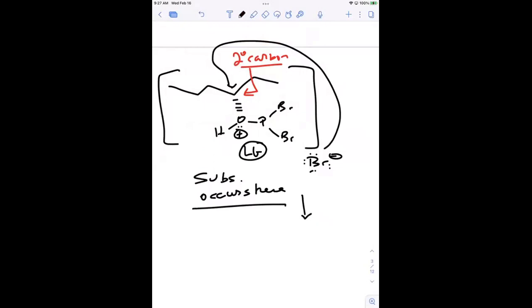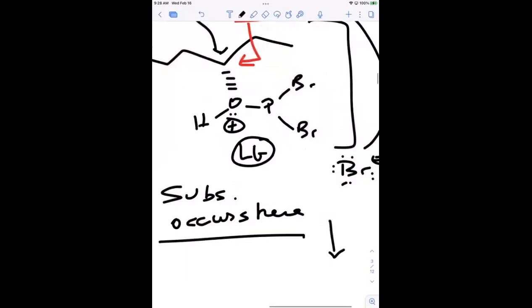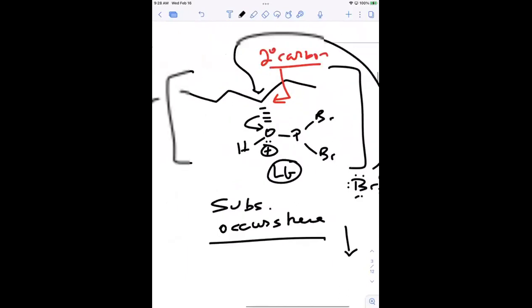We said that the key was that we had to turn OH into a better leaving group. That's why we made that statement, because the hydroxyl group is a terrible leaving group by itself. We're going to explore that and talk about why later. But we also talked about the fact that when we make it a better leaving group, it facilitates the reaction, it speeds the reaction up. So then we're going to lose this leaving group like that.